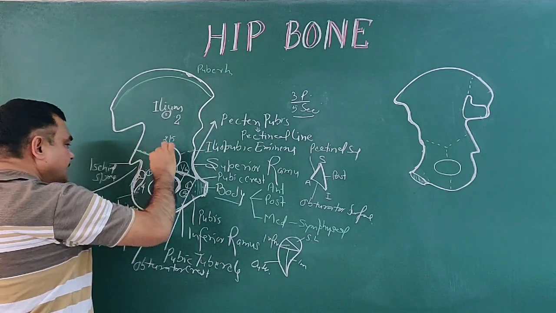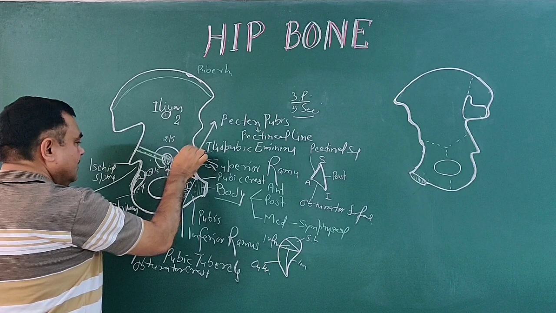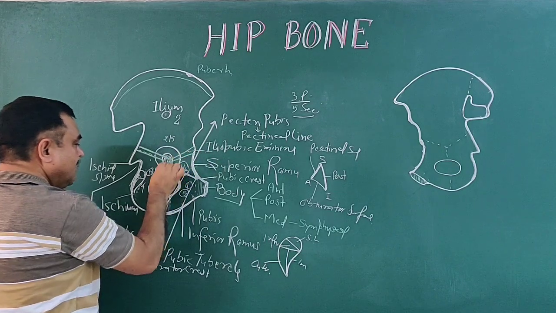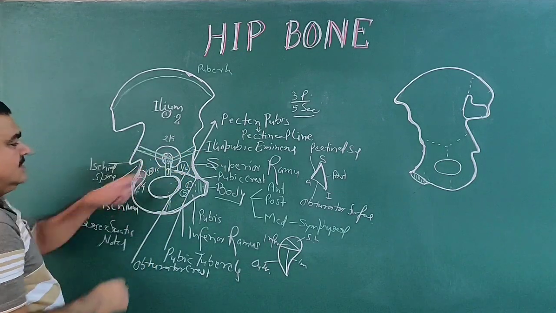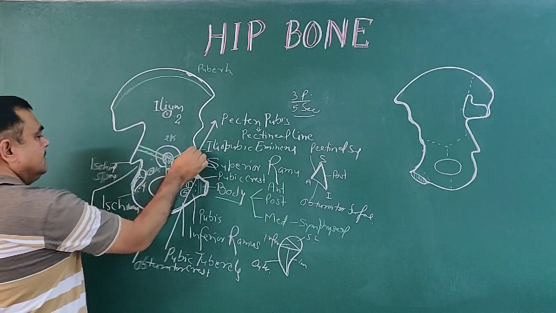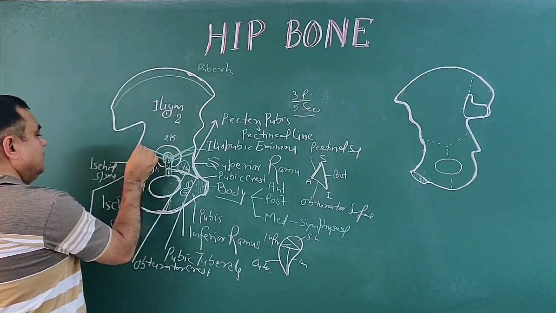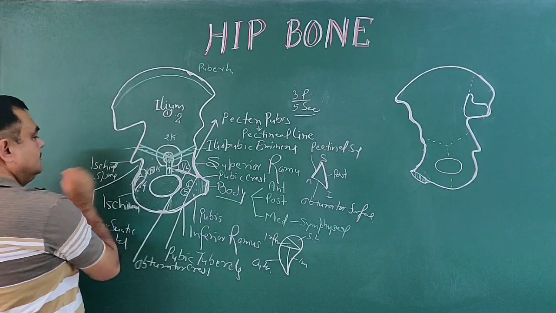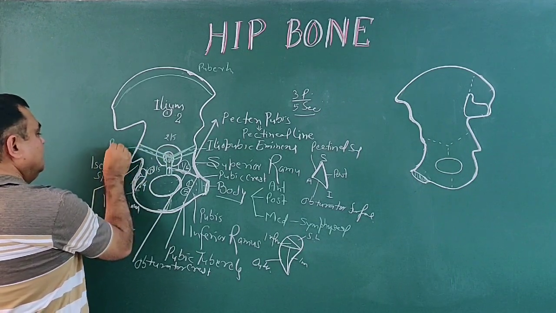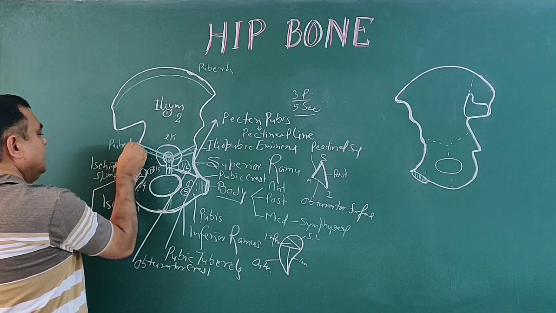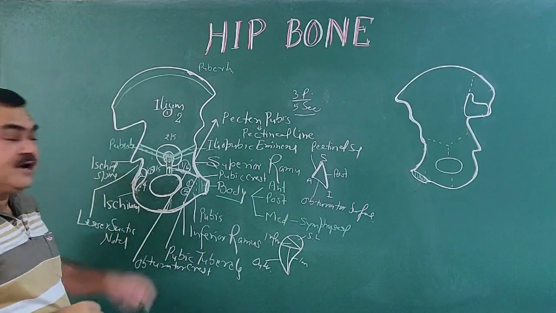And here is Y-shaped cartilage. This appears during puberty. Secondary centers appear during puberty.